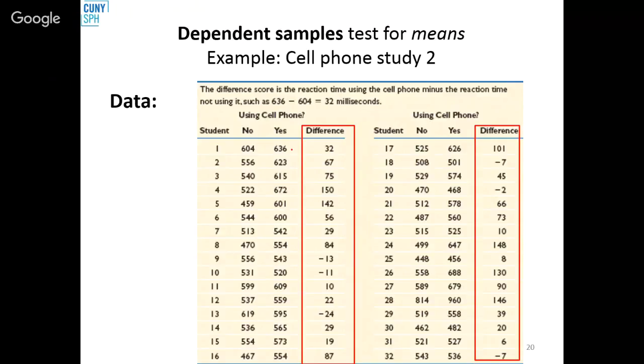The trade-offs of that might make it worth it, or they might not. Probably in this case, it's more difficult to recruit 64 students than it is to recruit 32, even if you need those 32 to stay longer to take the test twice. But that's a consideration. Time consuming? Yeah, it's more time consuming to have them take the tests twice.